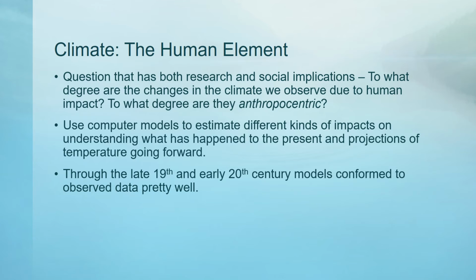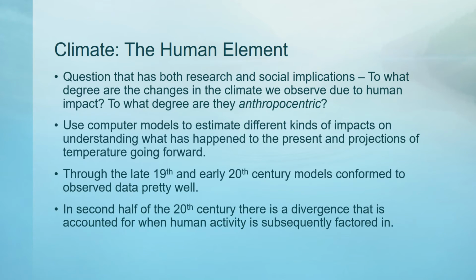You can actually have a visual simulation of how temperatures rise and fall, given if you have this factor in or that factor, and see what seems to be fitting best. In the second half of the 20th century, there's a divergence that is accounted for when human activity is factored in.